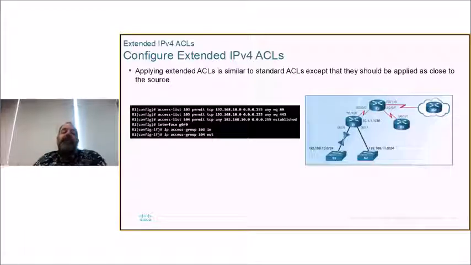So as I said, applying these ACLs to an interface is much the same. IP access group 103 inbound, access group 104 outbound. So of course it's on this gigabit interface.